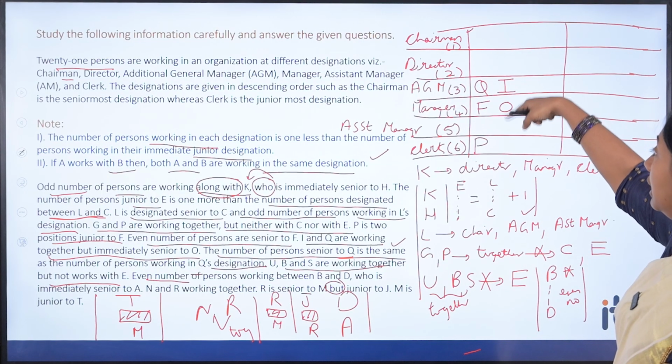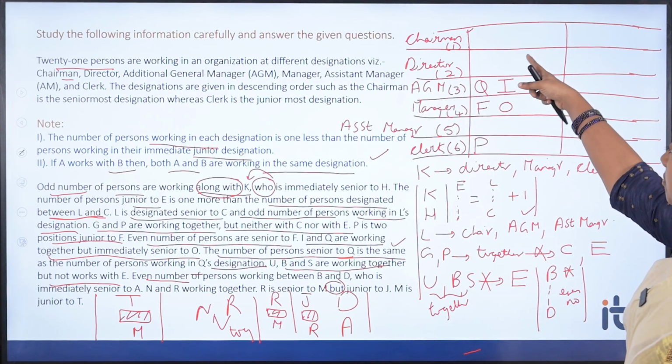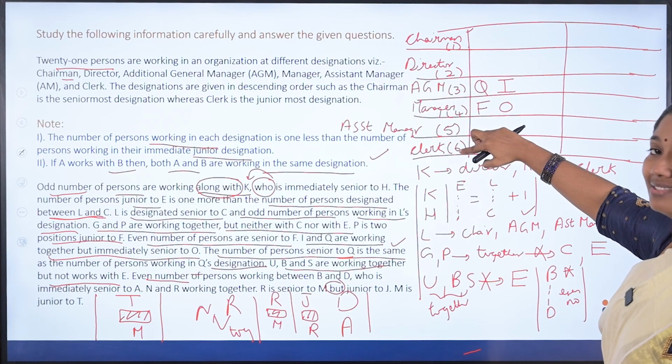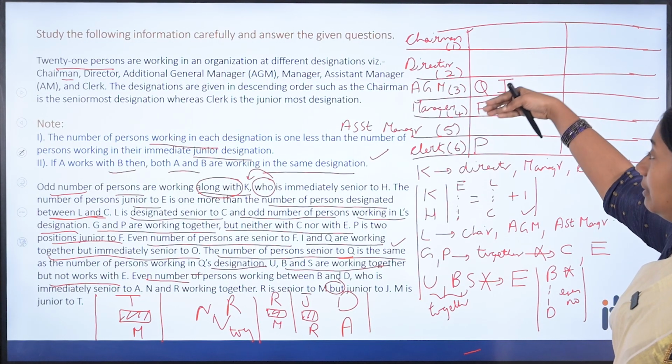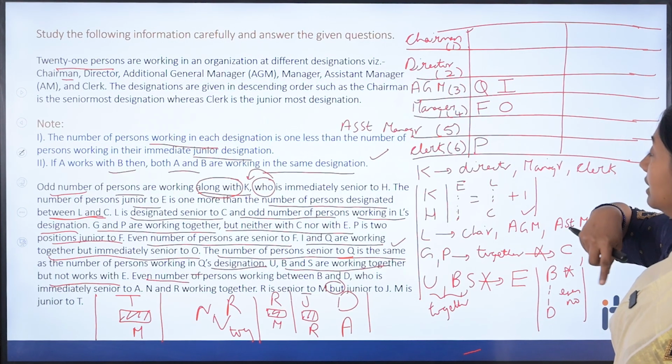Anyhow, you don't get 20 persons between L and C. So that is not possible. If E is here, 7, 12, 12 plus 6, 18. You don't get 18 persons, even if you fix L and C.